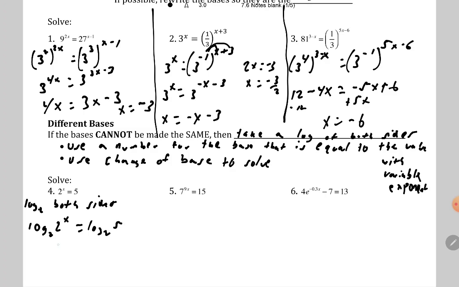So log base 2 of 2 to the x cancels, and we're left with x equals, using change of base, log of 5 over log of 2. And that's something we can put in our calculator, which should give us around 2.322.